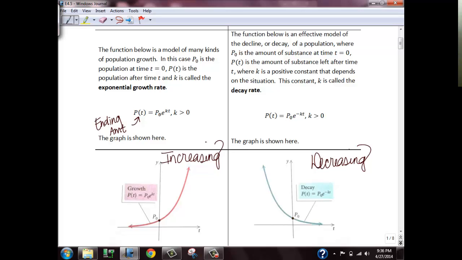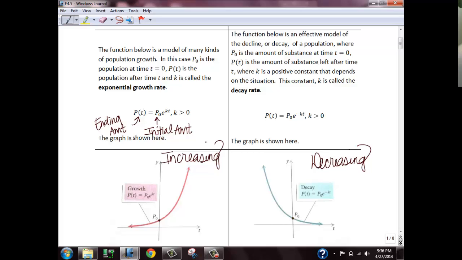Our P sub 0, or the way we say that is P naught, is our initial amount. If they don't tell us our initial amount, we can assume that we're starting out with 100%.